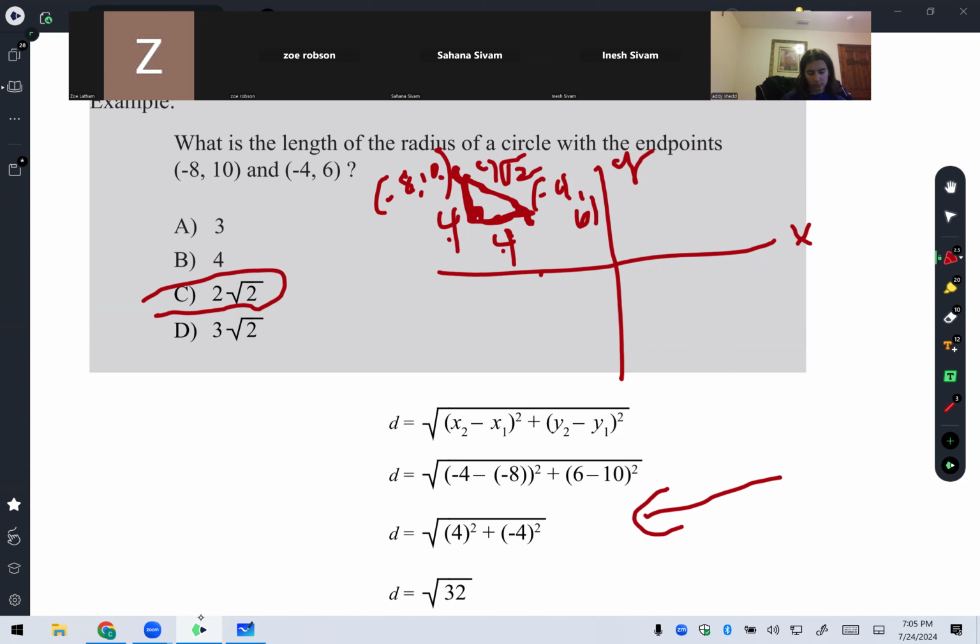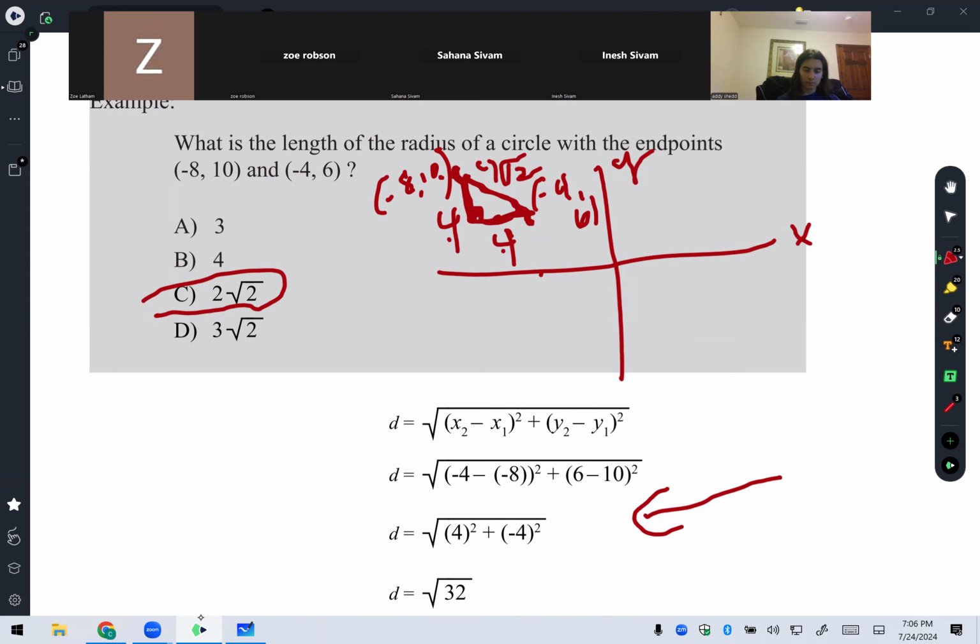So let me just ask you, Zoe Latham, would you draw the triangle or would you use the distance formula? I'd probably draw the triangle. Yeah, I'm with you on that one. Zoe Robson? I think I'd use the formula. Okay, Sehana? I'd use the triangle.